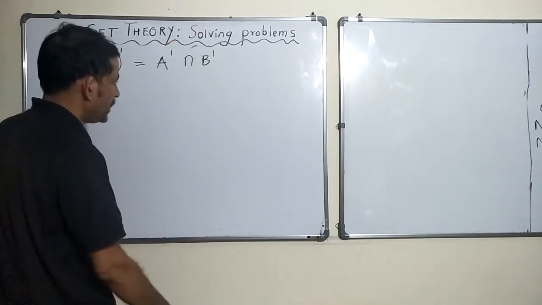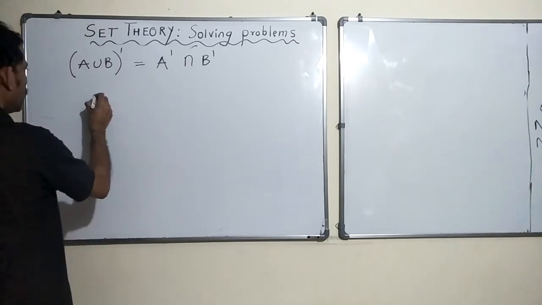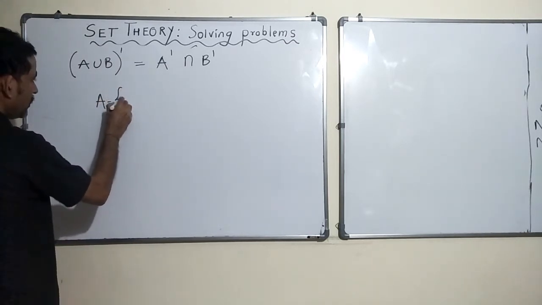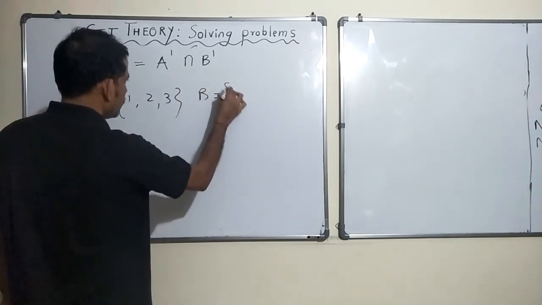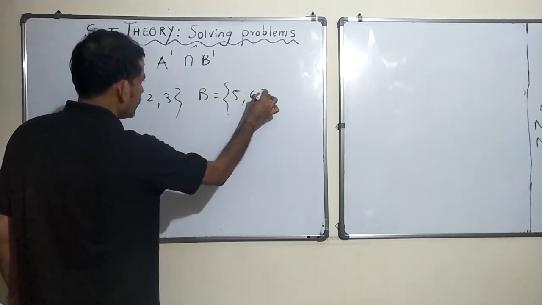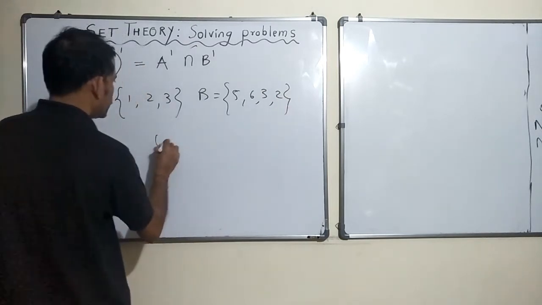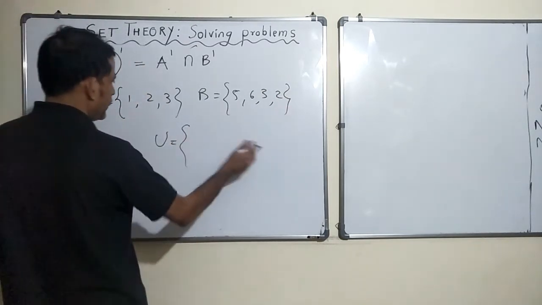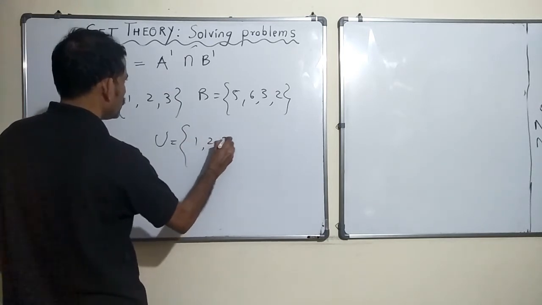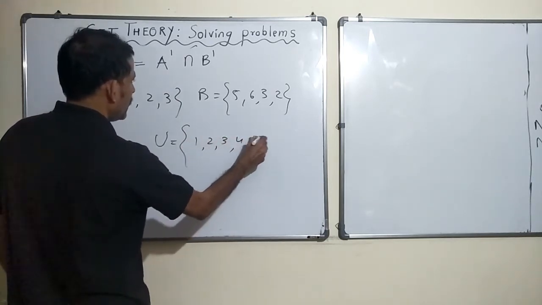All right. So you can go ahead and take an example set A as 1, 2, 3. Maybe you can take B as some other 5, 6, 3, 2 or something, and universal set as all the elements in both A and B, right? And if you want, you can take some more. Okay, 1, 2, 3, 4, 5, 6.